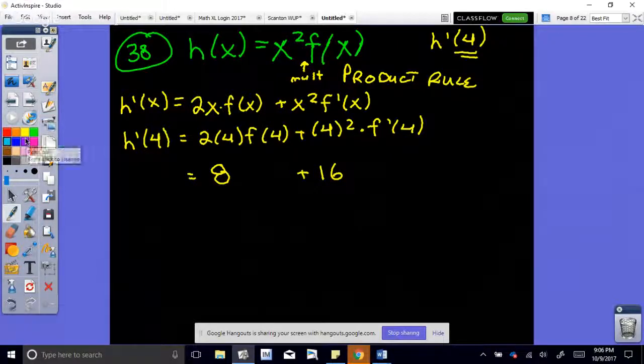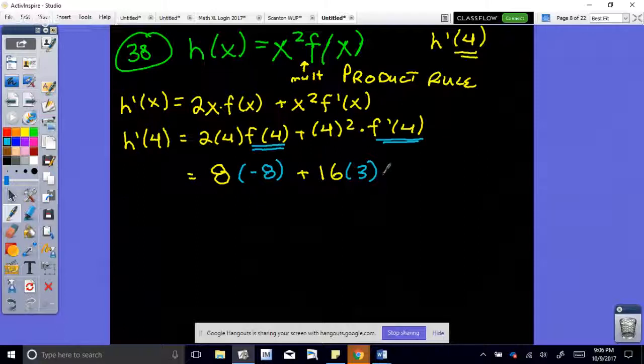So let's talk about how we finish this problem. I don't have it up on the screen, so you might have to look at your paper, but there's a chart. If you look at the chart, they give you that f of 4 is equivalent to negative 8, and they also give you f prime of 4, which is equal to 3.